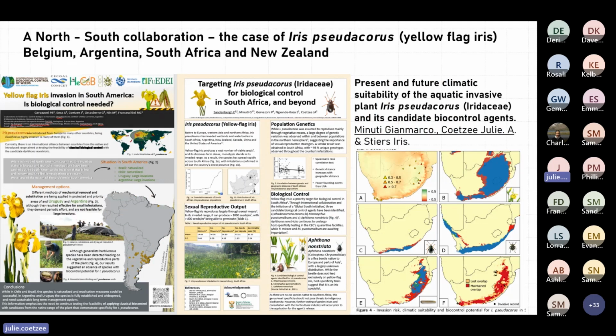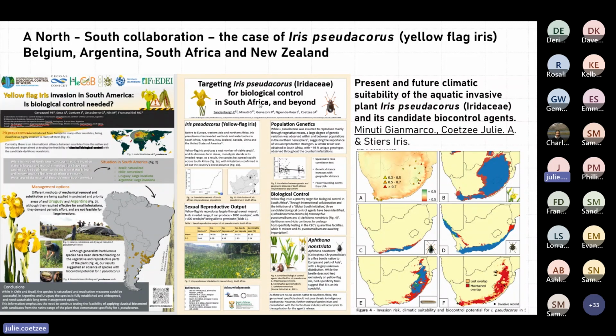Looking more at collaborations, we have a north-south collaboration in the case of Iris pseudacorus, or yellow flag iris, which is indigenous to Europe, with a really great collaboration with Gianmarco Minuti and Iris Steers in Belgium, with Paola Gervasoni and her supervisors in Argentina, and me and my team in South Africa.